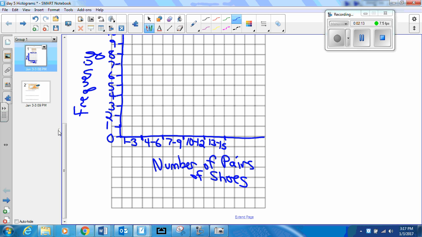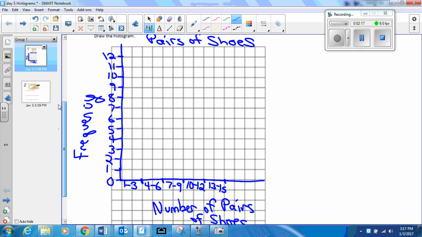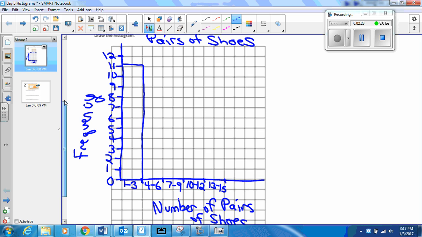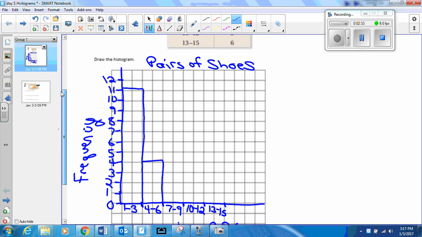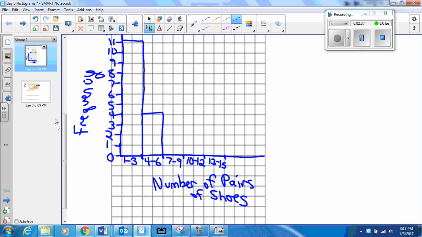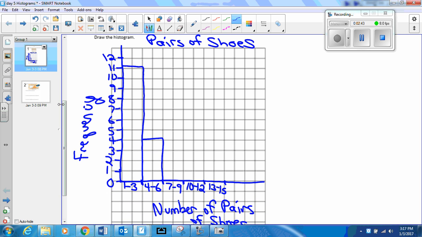Okay? So now I draw the bars. 1 to 3 pairs of shoes have a frequency of 11. So right adjacent to the axis. 4 to 6 was 4, so right next to it with no space between it, there's a bar at height 4 for 4 to 6 pairs of shoes. 7 to 9 had nobody, so that bar is at 0 already. 10 to 12 was 3.